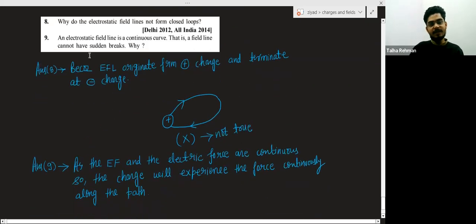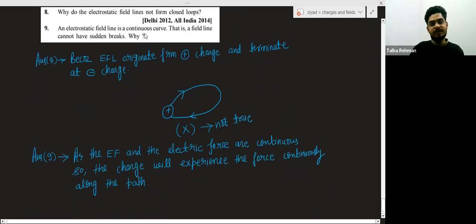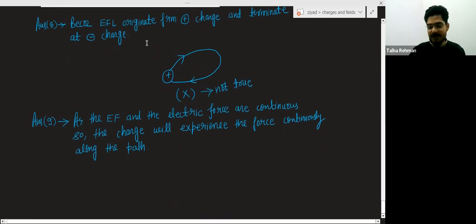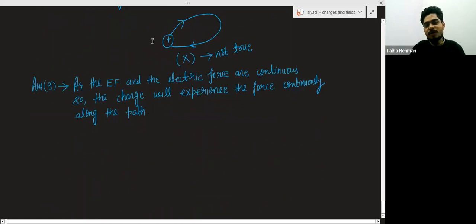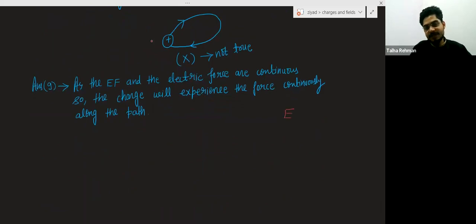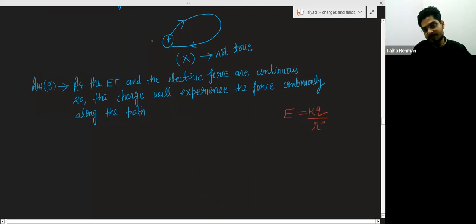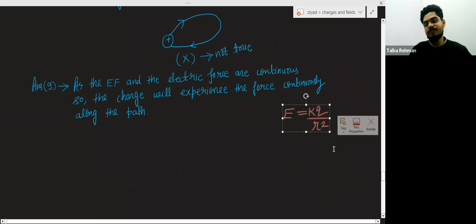Answer number 9. An electrostatic field line is a continuous curve, that is, a field line cannot suddenly break. Why? Because you can write the formula of the electric field as E equals KQ by R square. So basically this function is a continuous function.